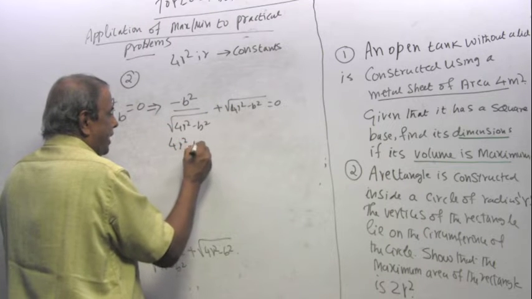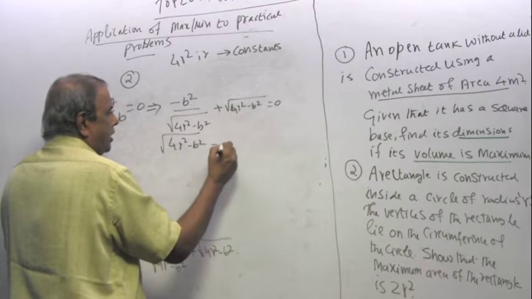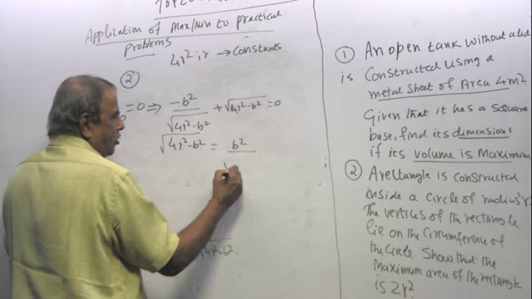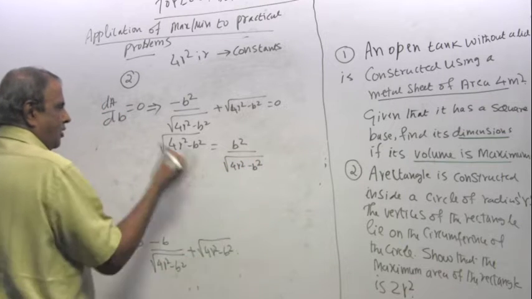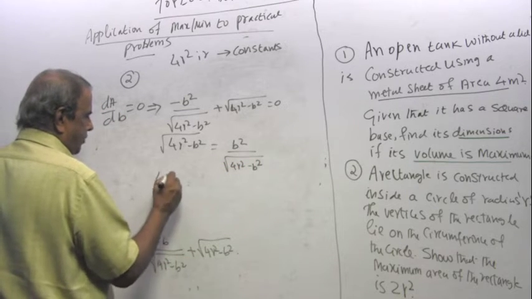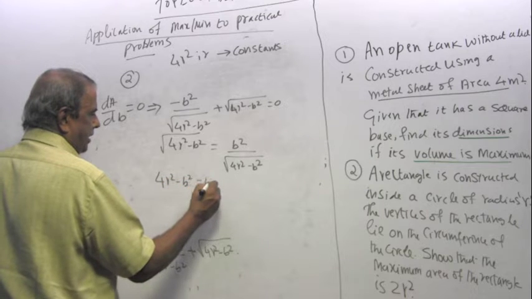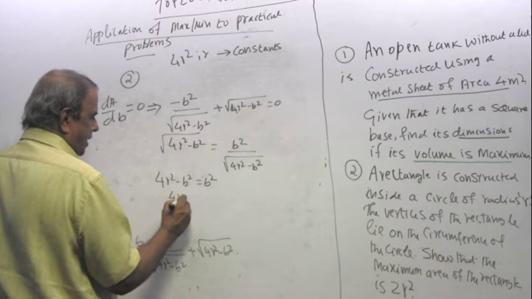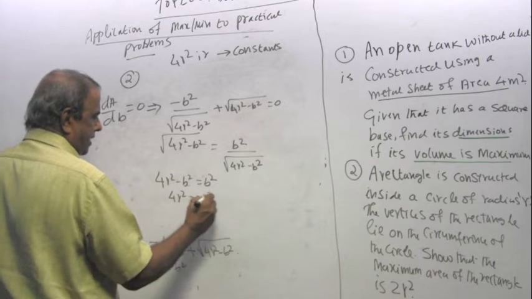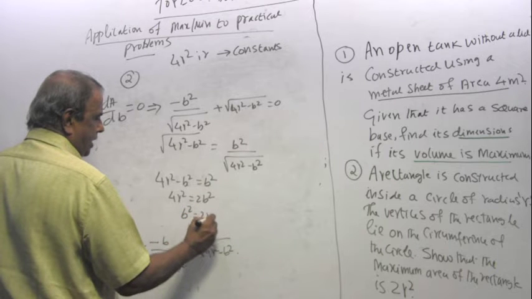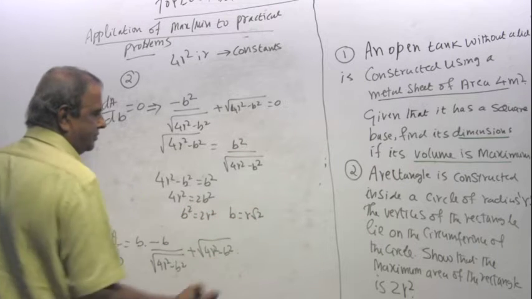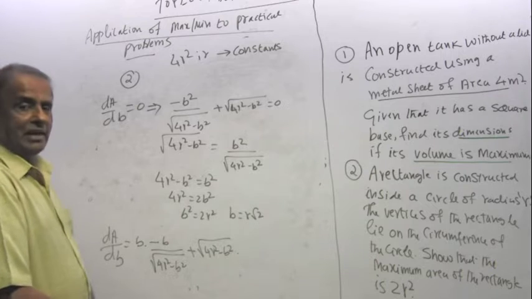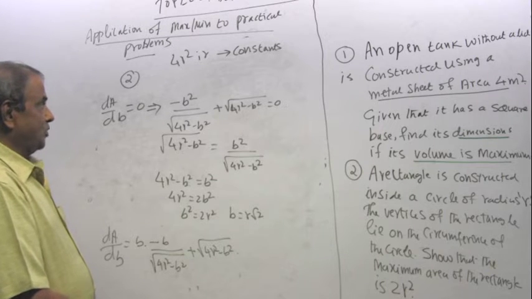So root of 4r squared minus b squared equals b squared over root of 4r squared minus b squared. Cross multiply: 4r squared minus b squared equals b squared. 4r squared equals 2b squared. B squared equals 2r squared. B equals r root 2. Yeah, B is r root 2.